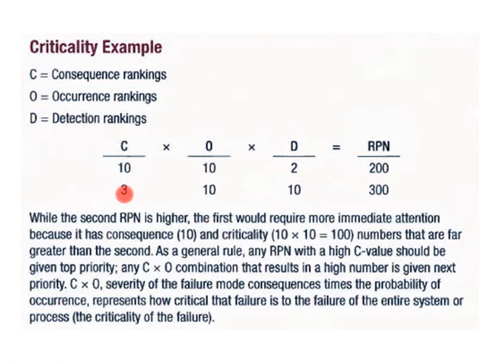So our RPN is 200. On the other one, low consequence but high occurrence, and we don't have any process in place, so our RPN is now 300. But while the second RPN is higher, the first will require more immediate attention because it has a consequence of 10 and criticality.